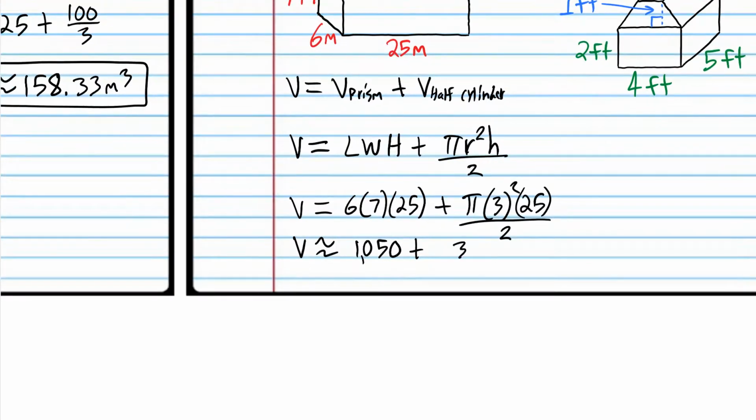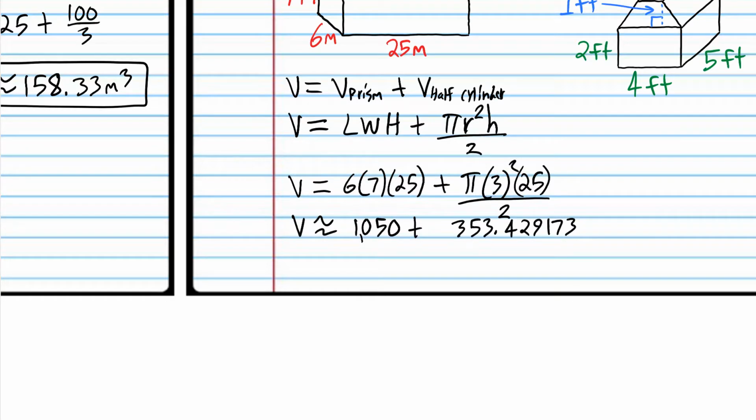So that would be 353.429, and I'm going to carry out a bunch of decimals just so we don't have round off error. And I'm going to just keep that number in my calculator and push plus 1050 equals.